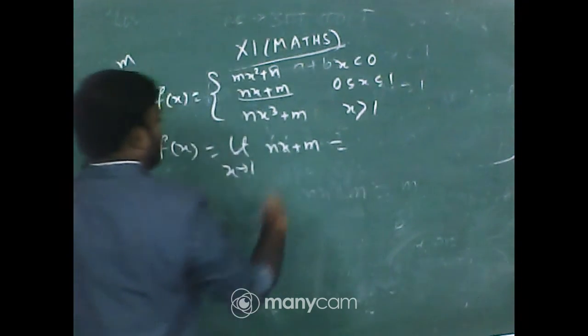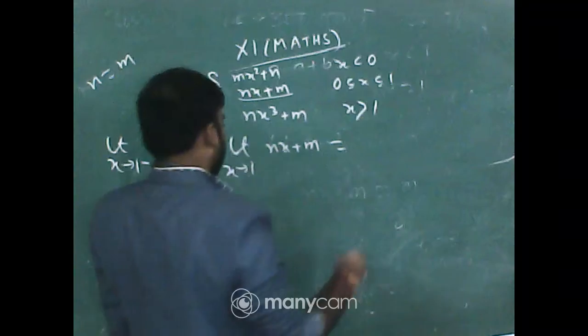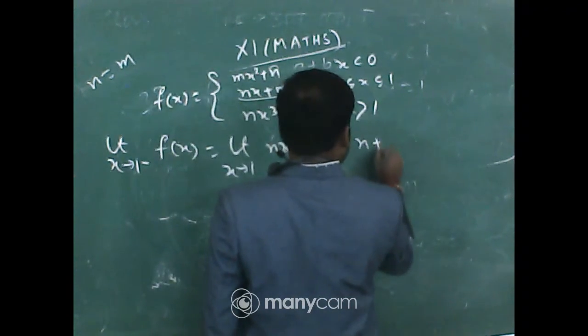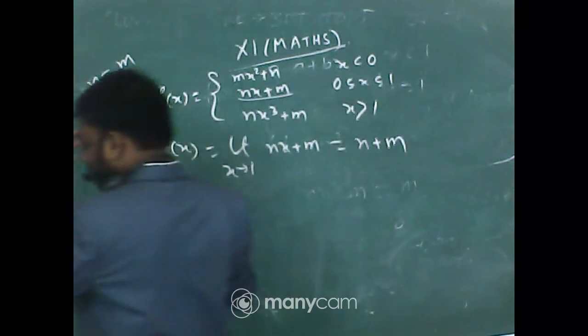Putting the value x equal to 1, that is n plus m.